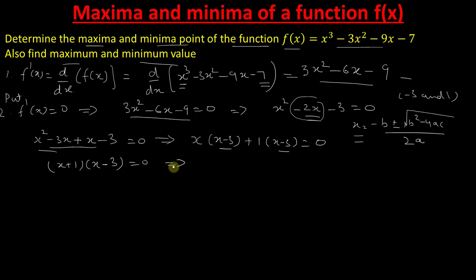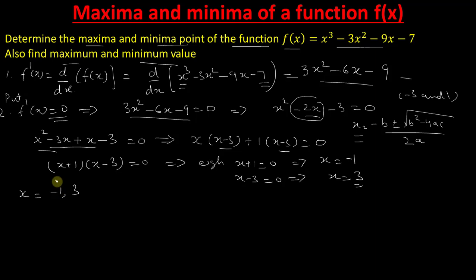It gives two values of x: either x + 1 = 0, which gives x = −1, or x − 3 = 0, which gives x = 3. After solving f'(x) = 0, we get x = −1 and 3.